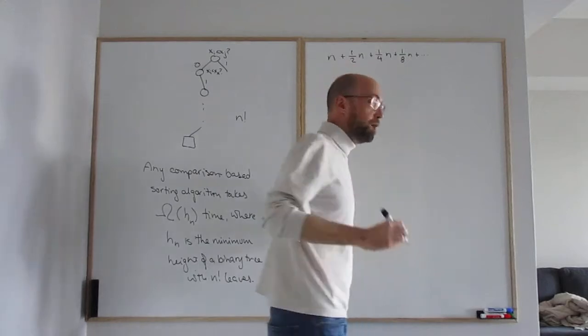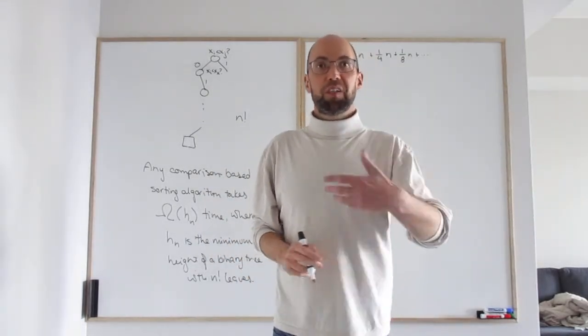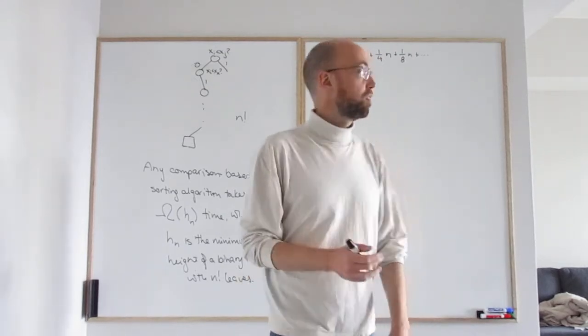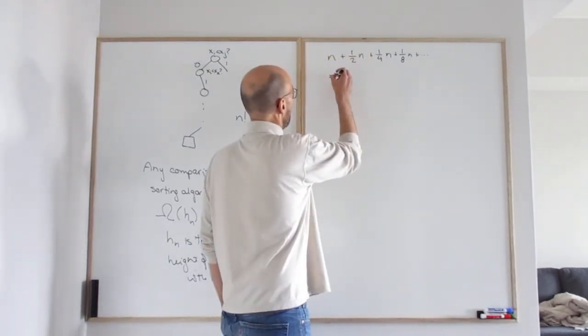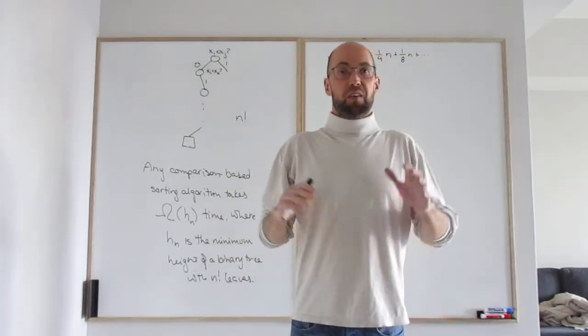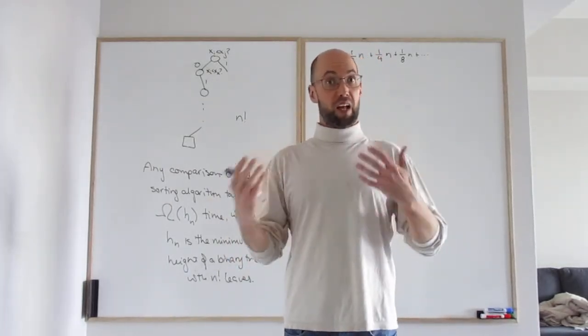So maybe I have to keep going, but the probability of getting a lot of failures is small, right? So this is 2n. So the expected work I do for the first split is like 2n.